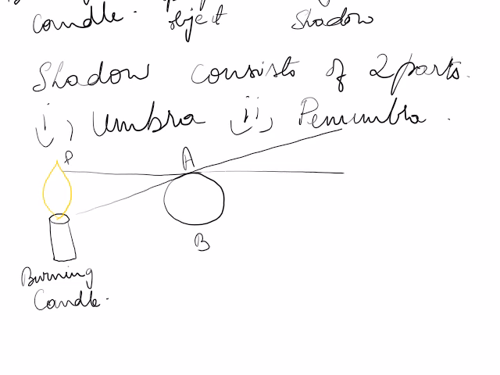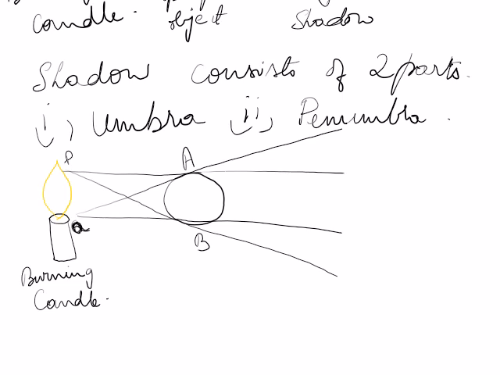Now another light ray from the point P passes through the bottom of the object. Suppose this point is Q. Now another light ray from Q goes on the base.